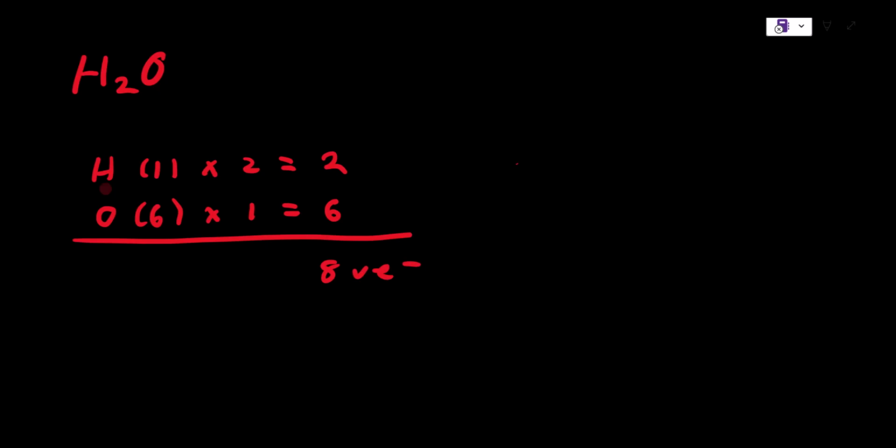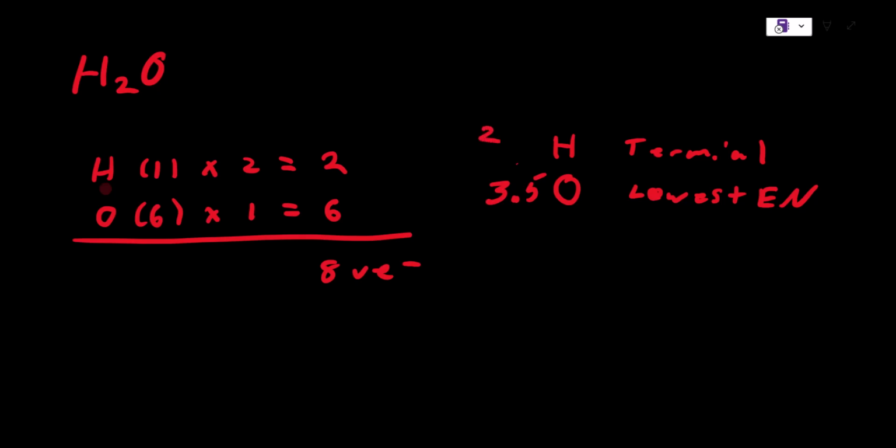So in the next step, we can determine the central atoms and the terminal atoms. So we had water, which would be H2O, which is hydrogen and oxygen. We know that hydrogen is always terminal, and the central atom is usually the one with the lowest electronegativity. Oxygen has an electronegativity of 3.5. Hydrogen has an electronegativity of 2.1.